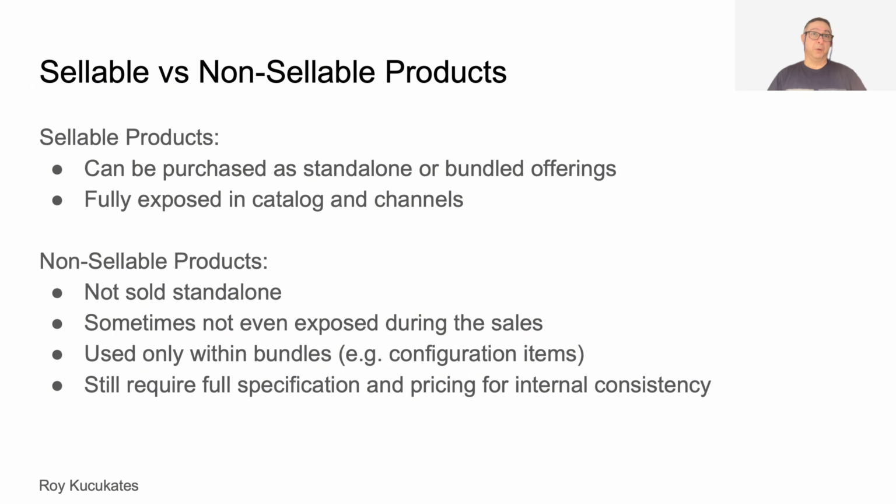They can only be used in a bundle, because otherwise a non-sellable standalone product would never be sold. So these are configuration items that you usually put into the bundles, and they require full specification and pricing for internal consistency, because those configuration items may also have costs that the operator may want to track.